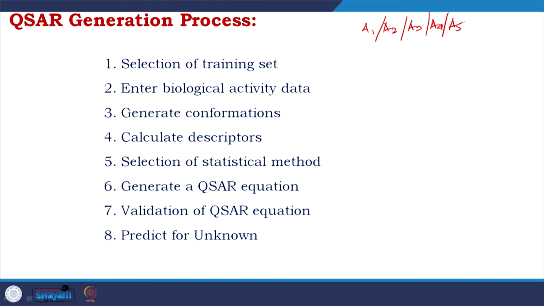Enter biological activity data, generate conformations, calculate the descriptors, then select the statistical method, generate a QSAR equation, validate the QSAR equation, and predict for an unknown data set. So, that is the process for working with QSAR model development.